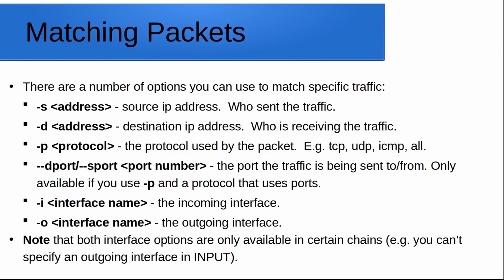You can specify the source and destination port you want this applied to with --dport and --sport. And that's only available if you specify the protocol. You can also specify the incoming or outgoing interface, which you may want all of these, you may not want all of these, you may want some of them. Just know the options are there, right? Because it's handy.